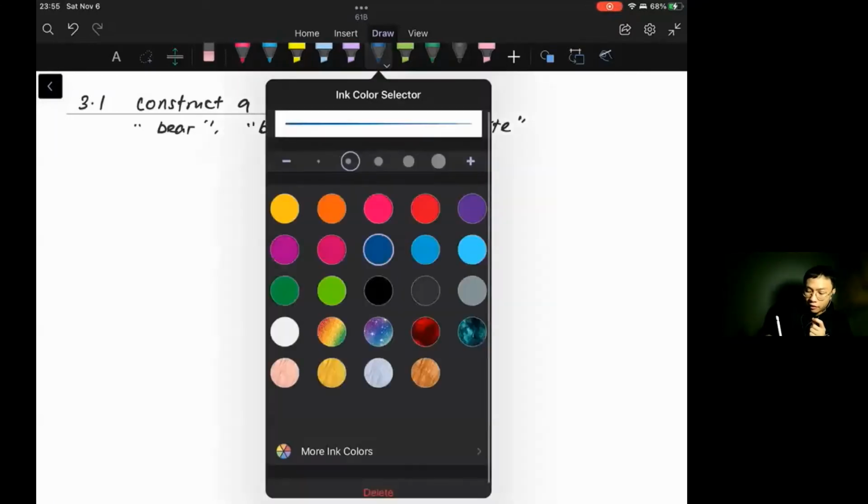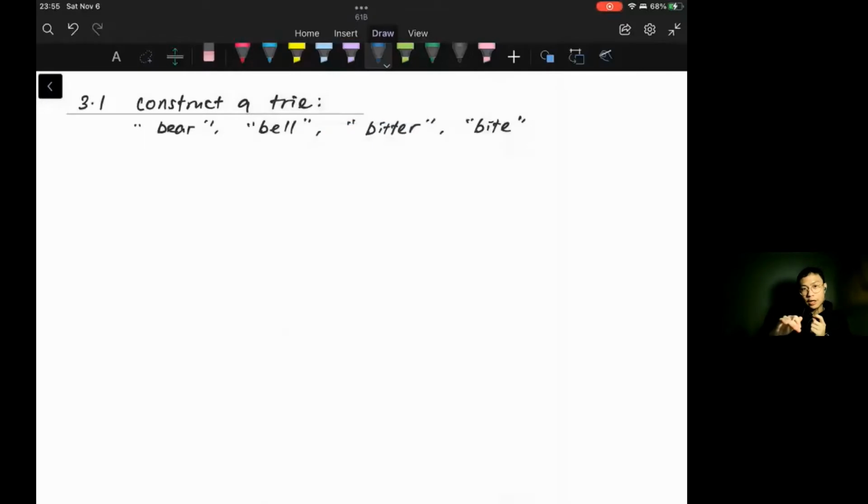Okay, and then all the other four words started with the letter B. So we know that directly beneath this empty root node, we would have a B node. And now, let's break down the words further by their suffix.